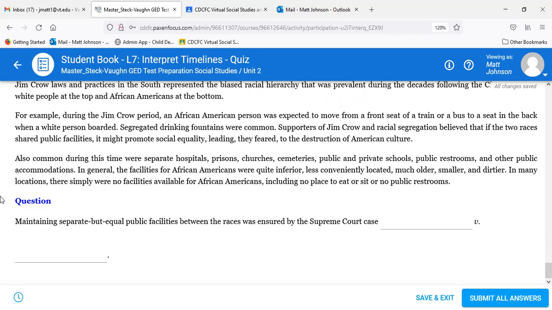Yeah, Plessy versus Ferguson. In 1896, there you go. Yeah, it was 1896.